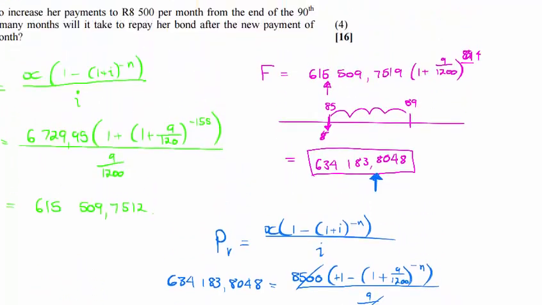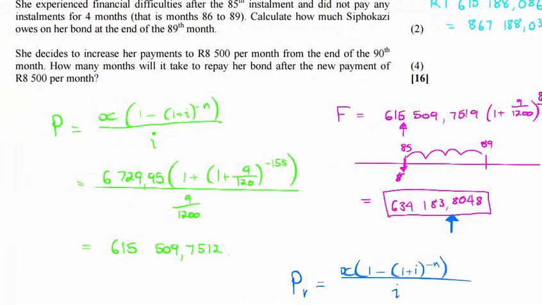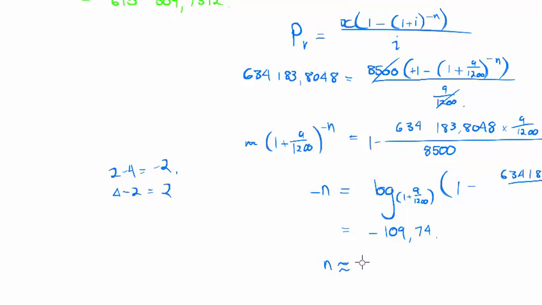So when will she, that's the question. After how many months will it take her to pay off? Okay, so roughly 109.74 months is how long it will take her.